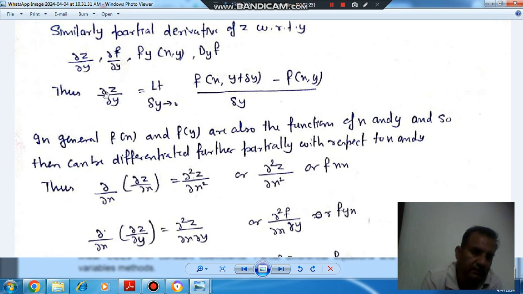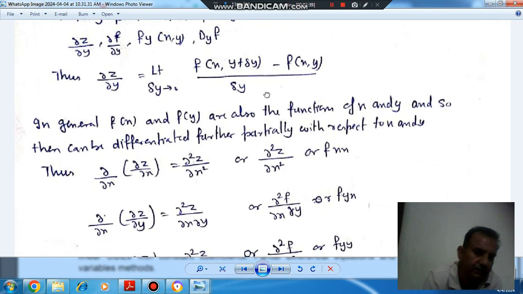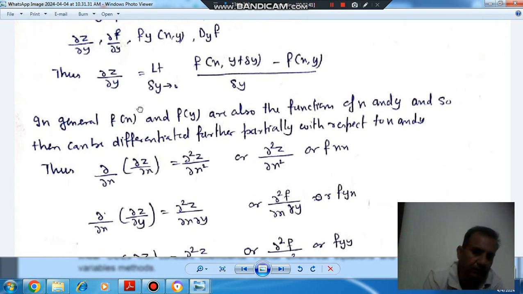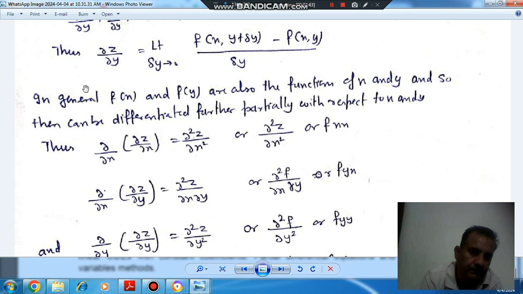And this curly z by curly y is the limit as delta y tends to 0 of f(x, y plus delta y) minus f(x, y), divided by delta y. Here y is increased and x is kept constant. This is the partial differentiation of z with respect to y.